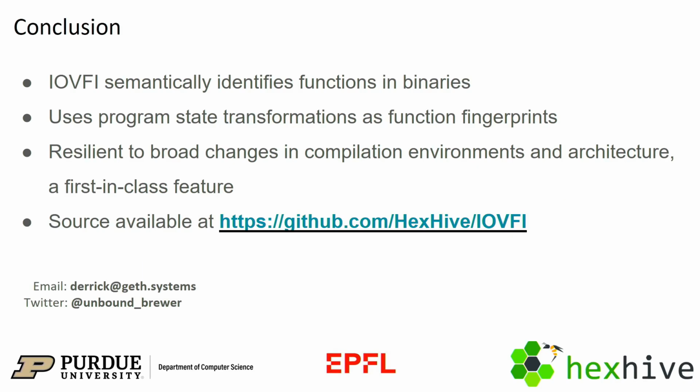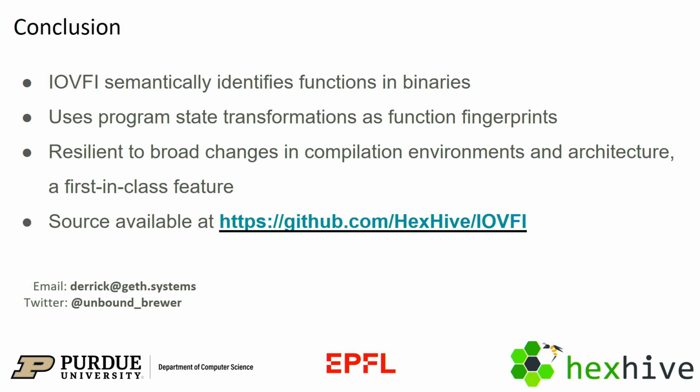So, in conclusion, I've presented IOVec Function Identification, which semantically identifies functions in binaries. Instead of using fragile code measurements, we abstract functions into program state transformations and use those program state transformations as the unique function identifiers.